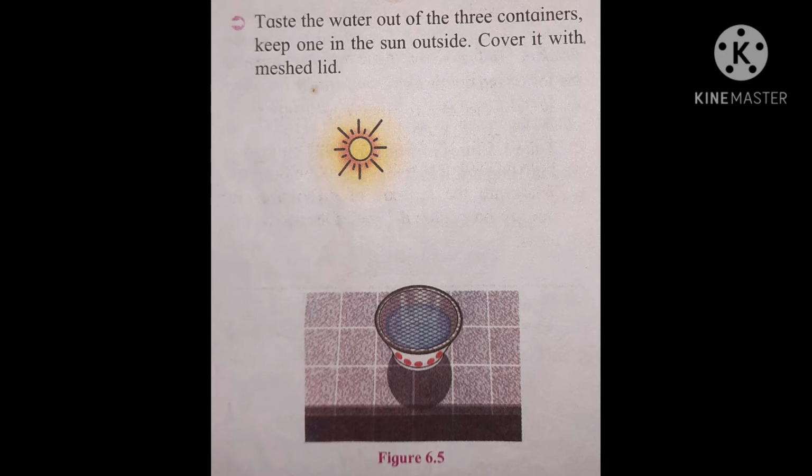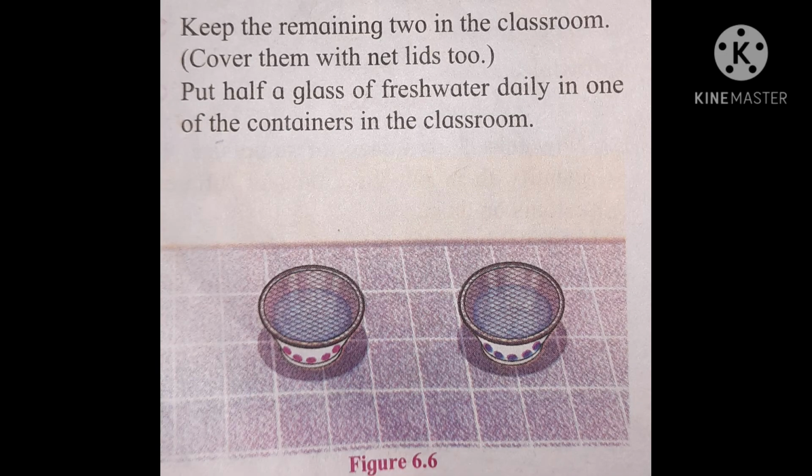Now, let us move forward to the next step, step 5. Keep the remaining 2 containers in the room. Inside the room, you have to keep the remaining 2 containers, which we marked number 2 and 3. Cover them with the net lid too. Then put half a glass of fresh water daily in one of the containers inside the room.